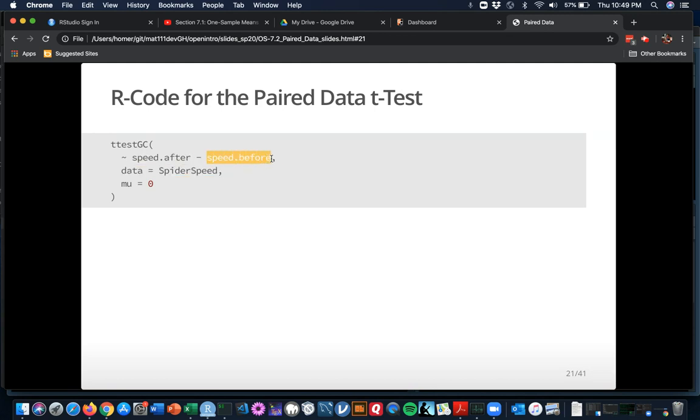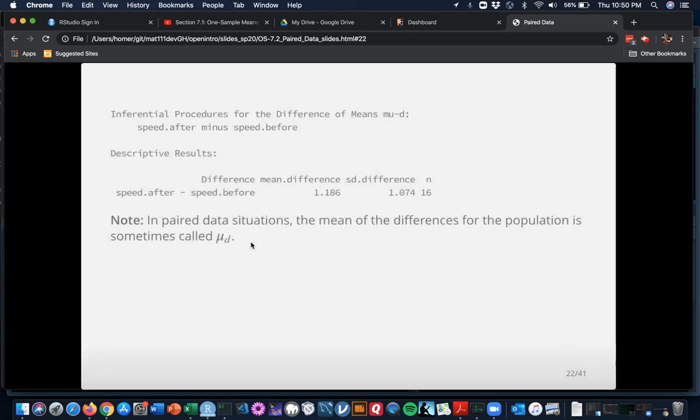And then, of course, you have to say what data set those variables live in. And you have to say what the null hypothesis thinks the mean of the paired differences is for that population out there, and the null thinks it's 0. If you were to run that code in RStudio, you would get this output that we're going to go through bit by bit.